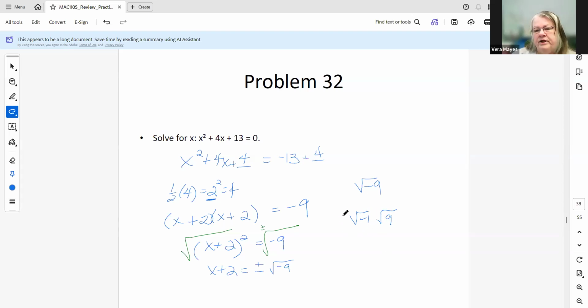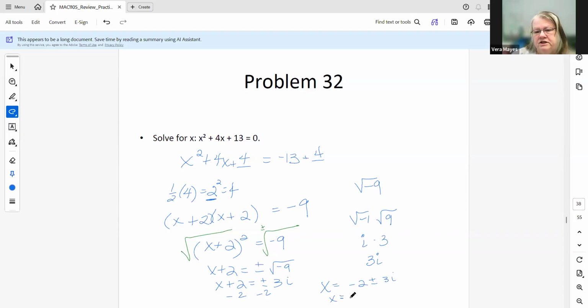We learned that we can represent the square root of negative 1 with an i. Square root of 9 we've learned is 3. We usually rewrite this as the number first and then that letter. So let's put that into play. Now we're going to bring that negative 2 over. So we've got x equals negative 2 plus or minus 3i.